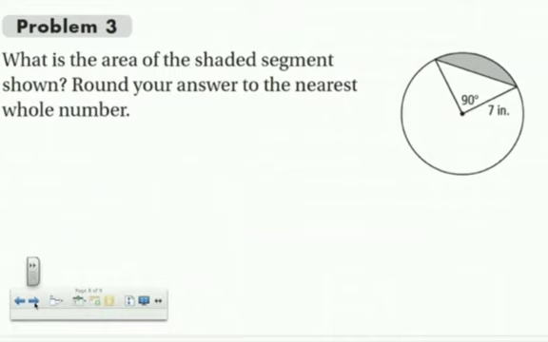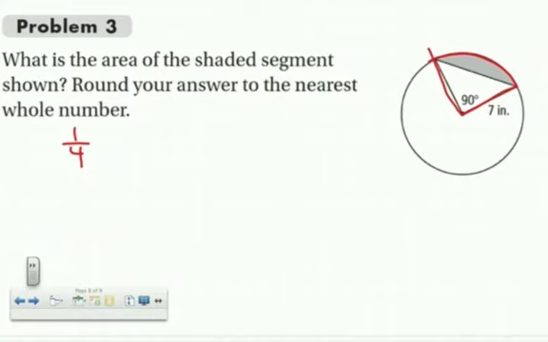I know 90 is 1/4 of 360. So the strategy would start by finding the area of this sector, and once I find the area of that sector, find the area of the triangle next, and then subtract.